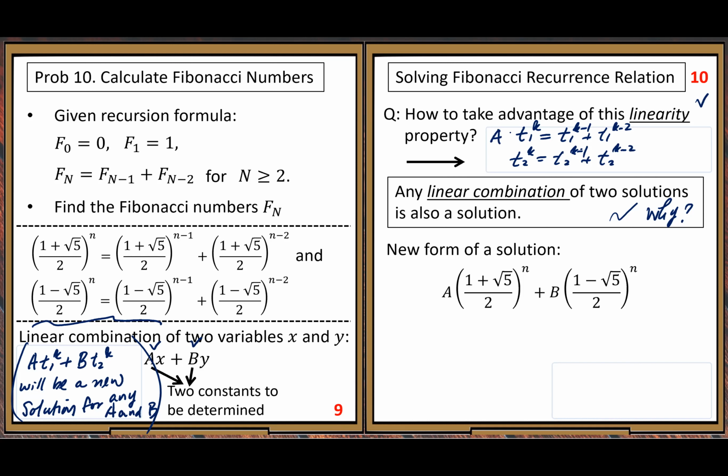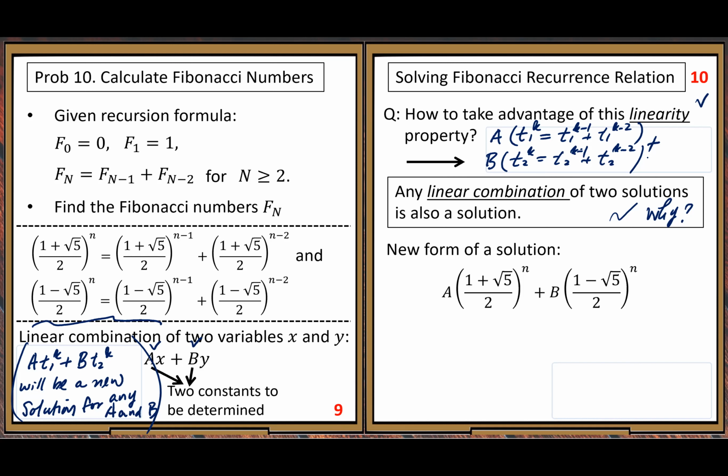Can you multiply the first equation by A, multiply the second equation by B, and add them together? You can do that, right? In the first equation, you multiply both sides by A, and in the second equation, you multiply both sides by B. So you get two equalities, and both must be correct. Two correct equalities. Then you add them up.